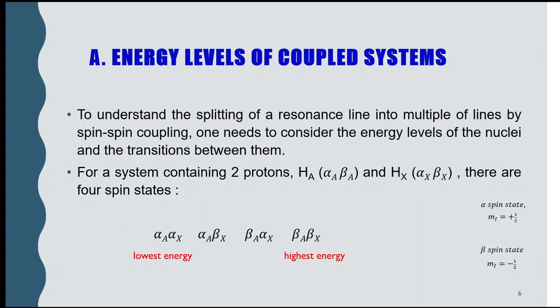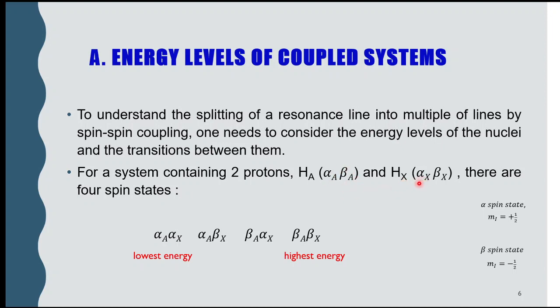So let's understand this. We can understand this splitting in terms of the energy levels of the coupled system. If you have a system that has two protons like the one you saw before, say the proton A will have alpha A and beta A, that's the energy.